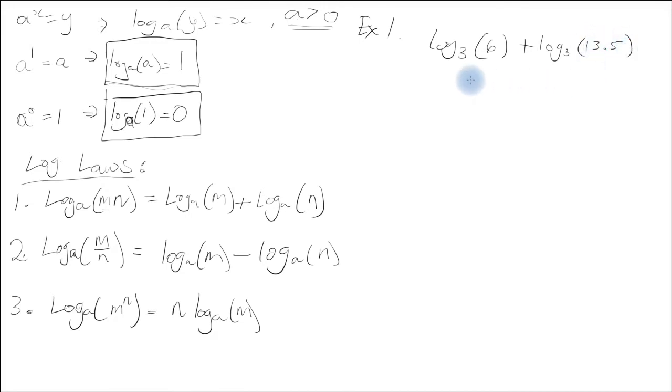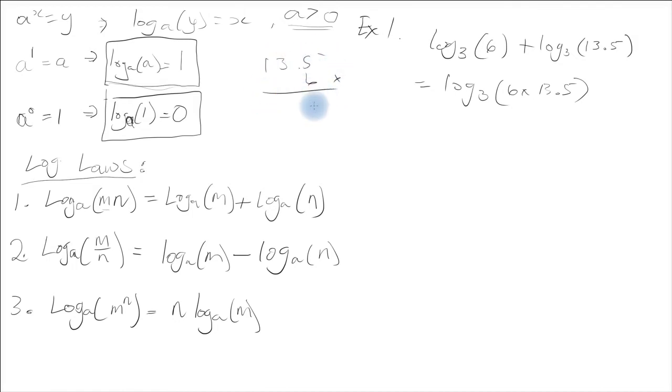What we can do is use our first log law. So notice that the base is the same, both 3, and so we can multiply m by n. So we've got logarithm base 3 of 6 times 13.5.